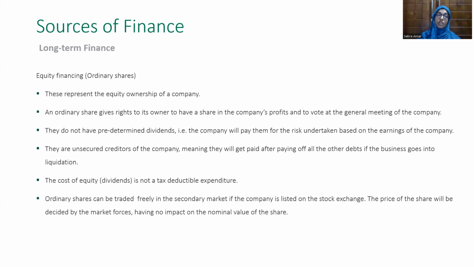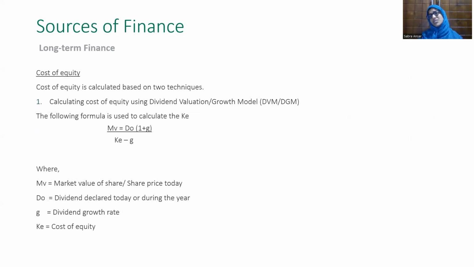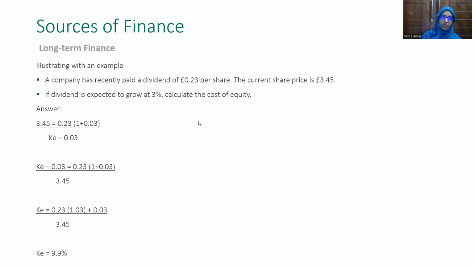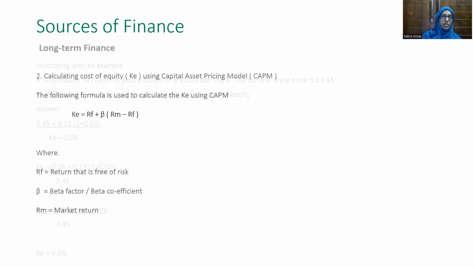One of the main things is that the share price could obviously increase because of the growth of a company. The cost of equity is generally calculated using the dividend valuation model, where we take the dividend declared today during the year, increase it by the growth rate, and then divide by the cost of equity.